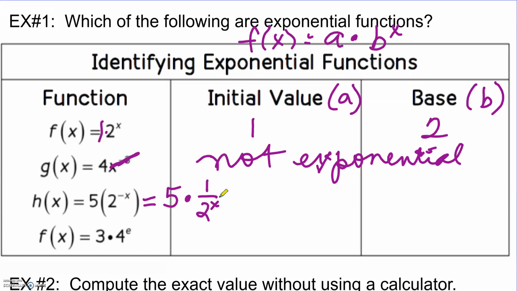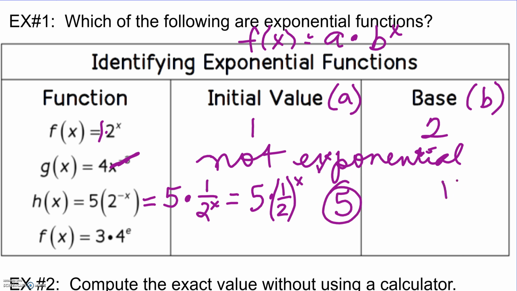That's what it means when you raise to the negative power, take 1 over that. Or in other words, think of it as 5 times 1/2 to the x power. Those are all equivalent. Now that you see it in that form, hopefully you can see, oh yeah, it's in exponential form, where the initial value is 5 and the base is 1/2.